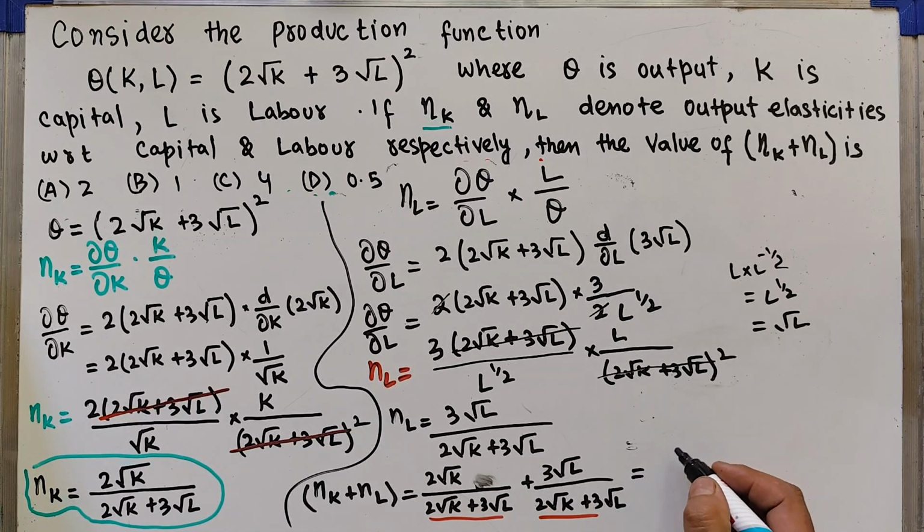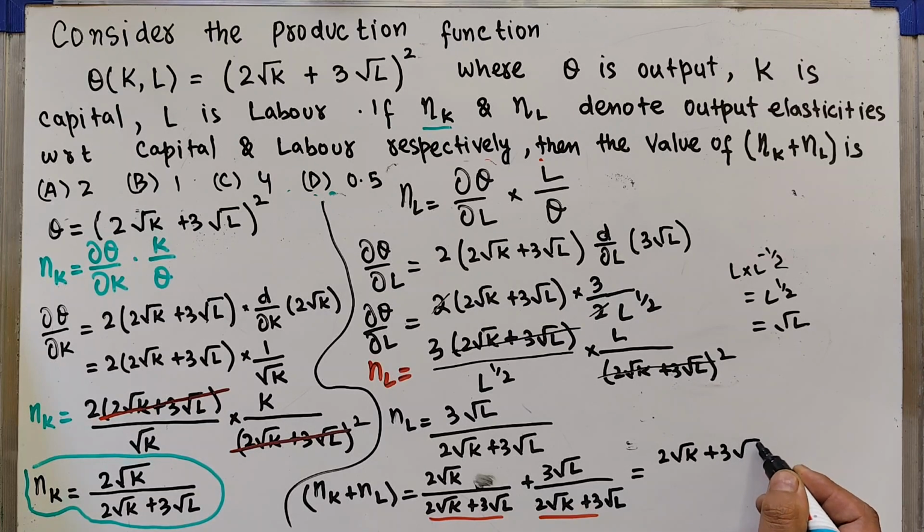Okay, so we can write 2 under root K plus 3 under root L divided by 2 under root K plus 3 under root L.